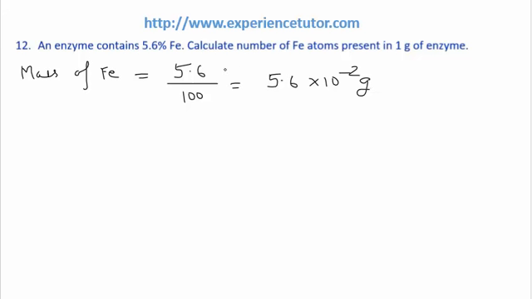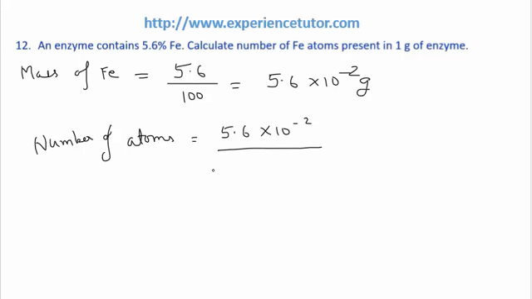Number of atoms is equal to 5.6 into 10 to the power minus 2 upon 56 into 6.023, or just 6.02.